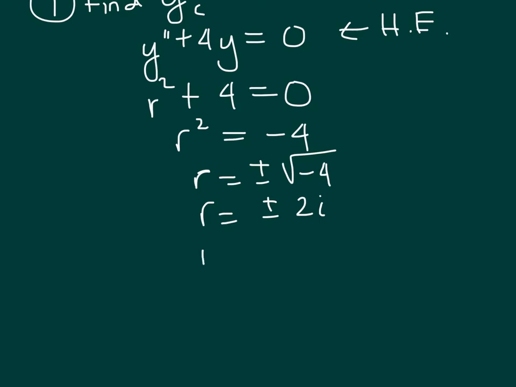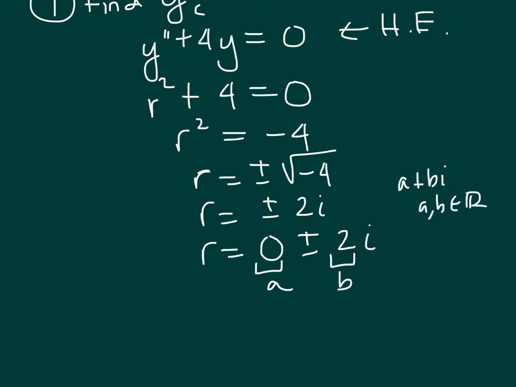Now remember, this means 0 plus or minus 2i, where this is our a, and this is our b. Remember, a plus bi is a complex number where a and b are real numbers.